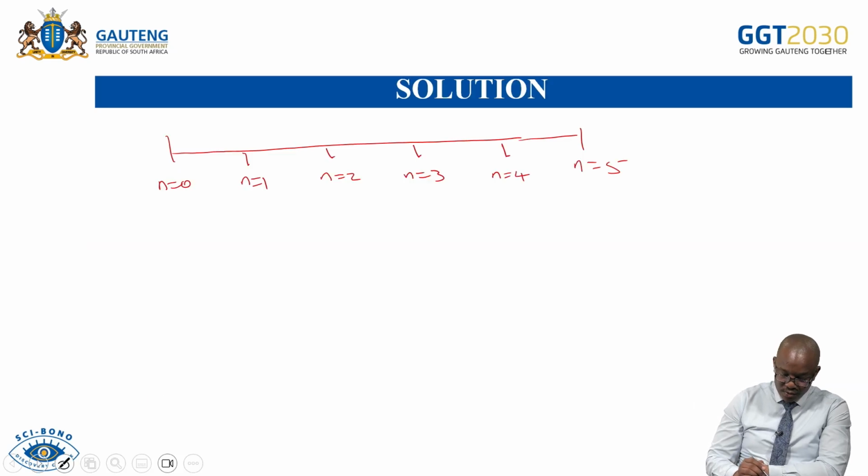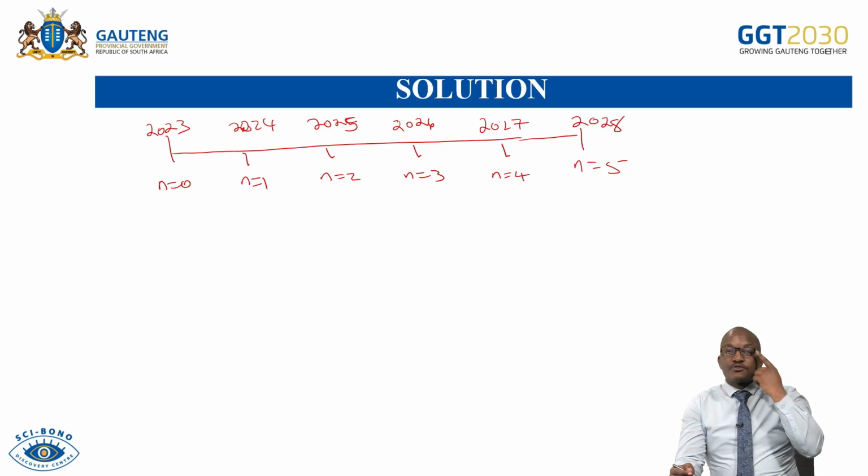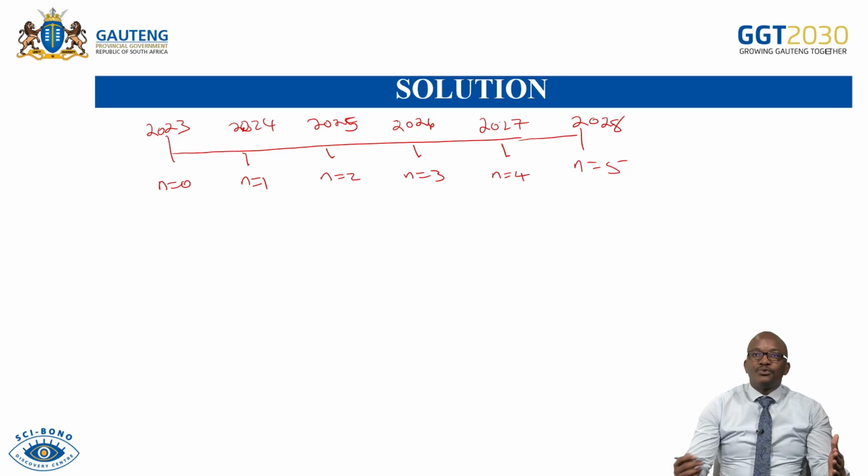So the first one is 2023, then 2024, then 2025, then 2026, 2027, and 2028. So from 2023 to 2028, that is your 5-year period, correct?